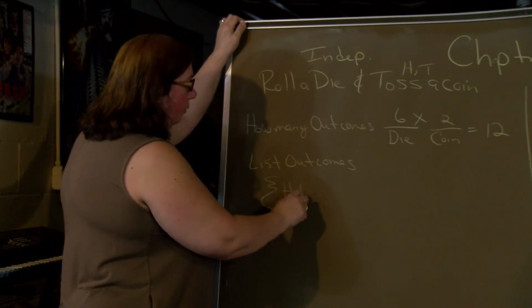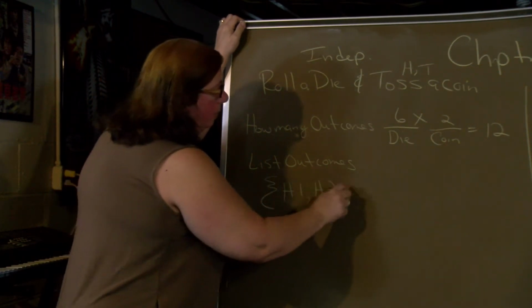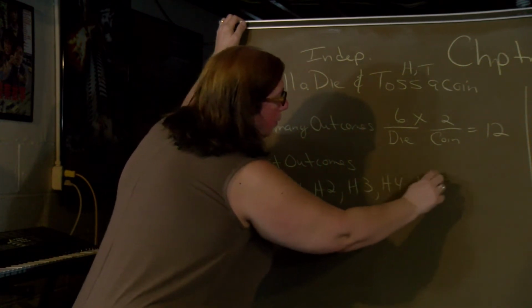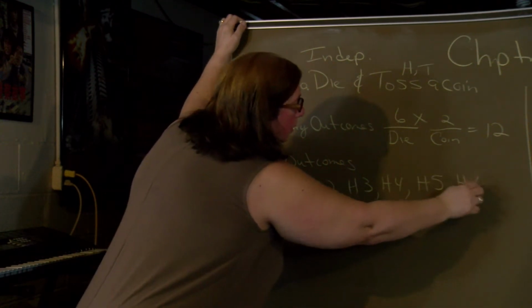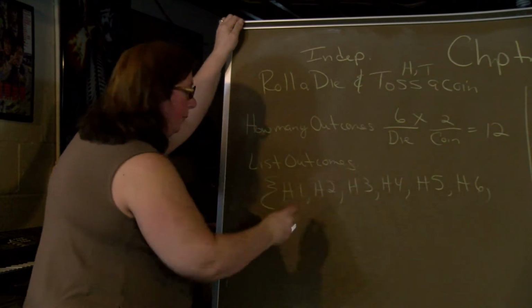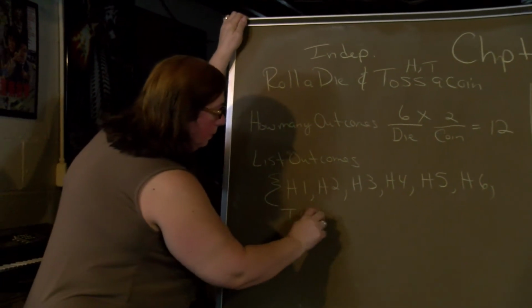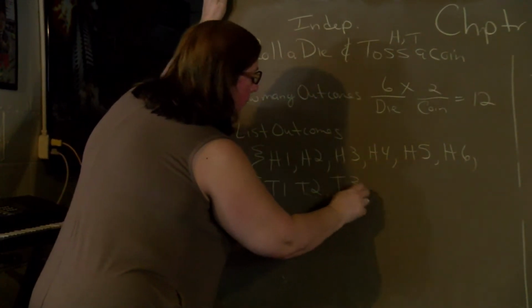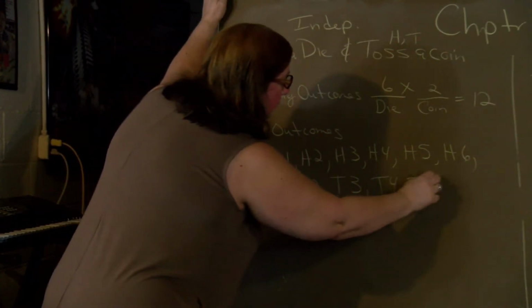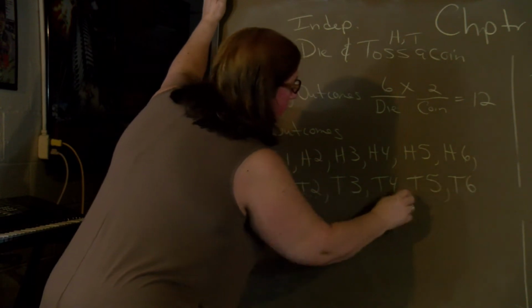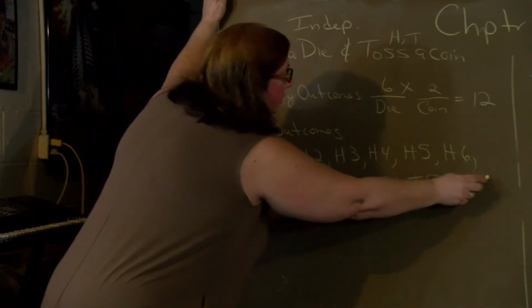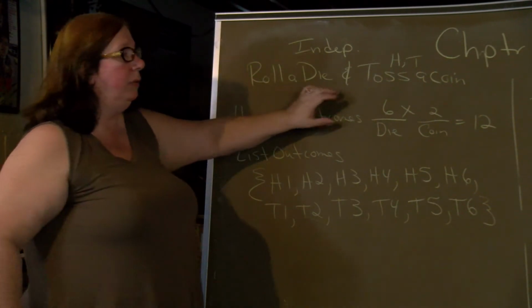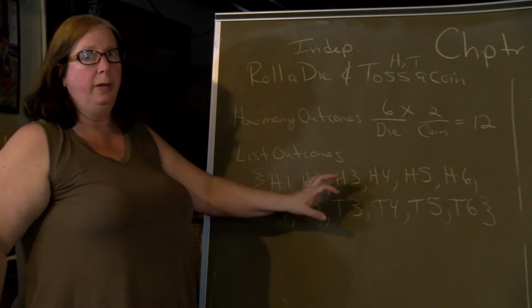We could have heads with a 1, heads with a 2, heads with a 3, and then a tail with all of them. And if you count those, there are 12. So always find out how many you need so that if you are listing them, you've found all of them.